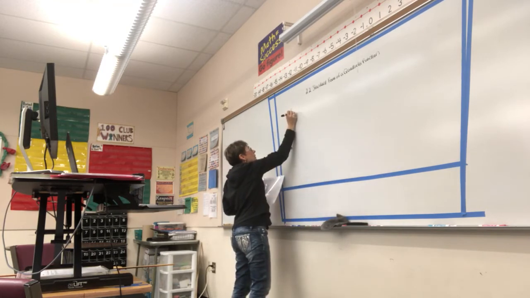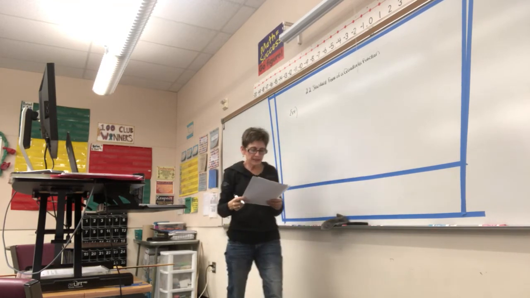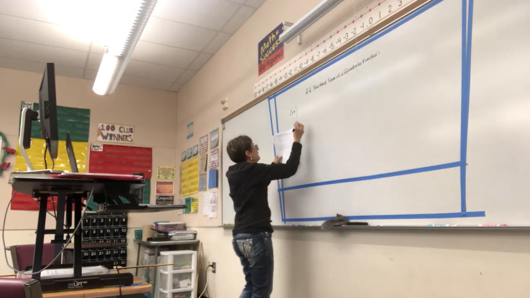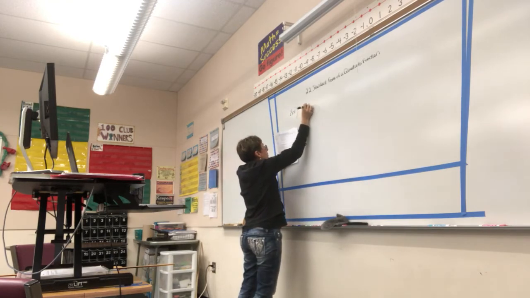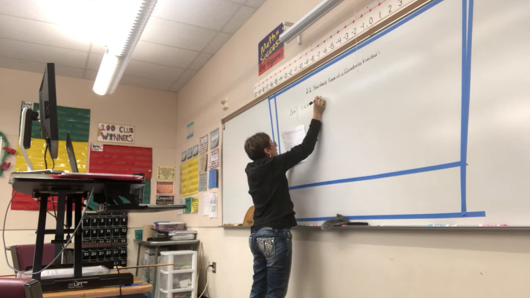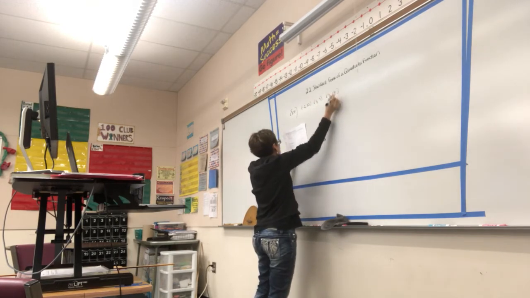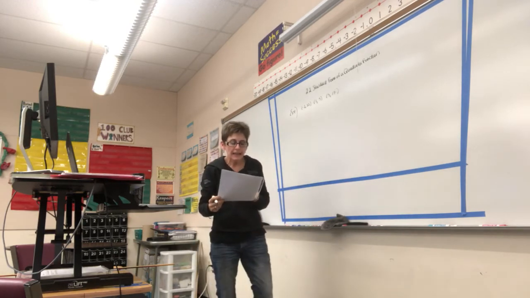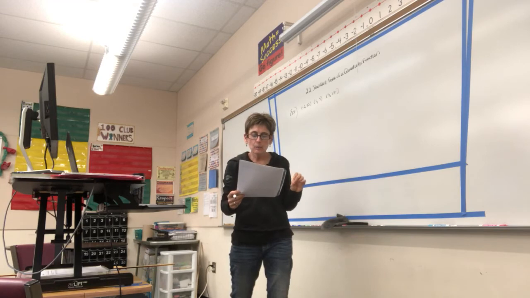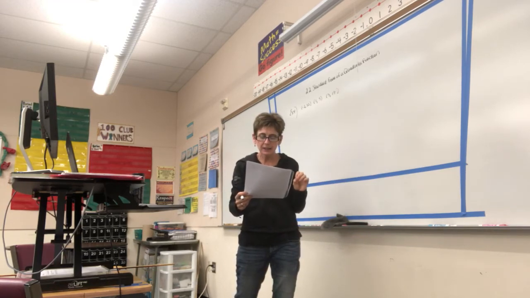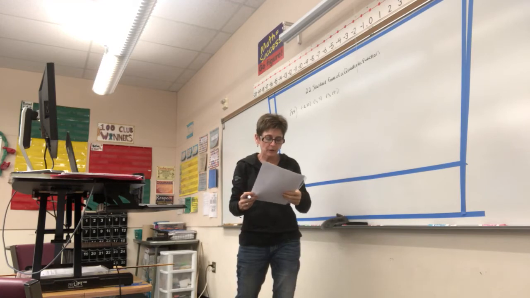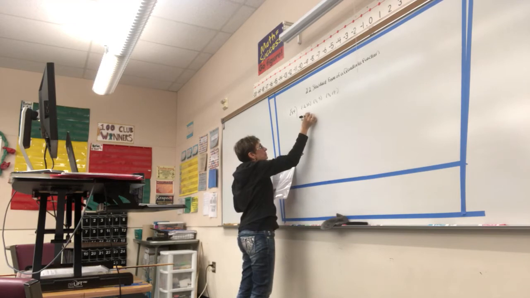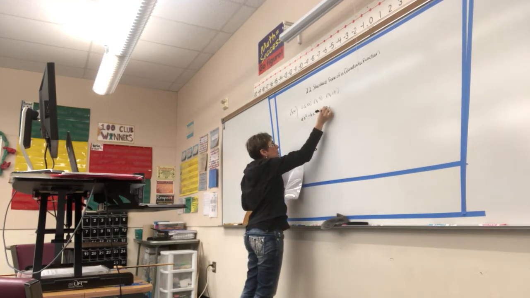Let's look at our last example, example number 4. In this example, they're asking for the equation of a parabola that passes through the points (-2, 32), (1, 5), and (3, 17). The way that we do this, and we're going to have to use our calculators on this one, is we need to write 3 equations by substituting the given x and y values into the standard form ax squared plus bx plus c equals y.